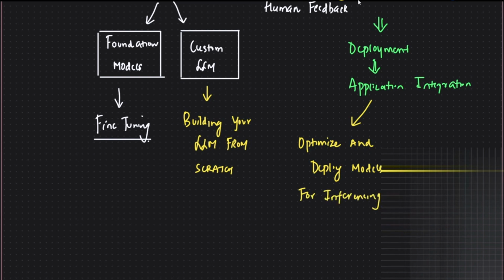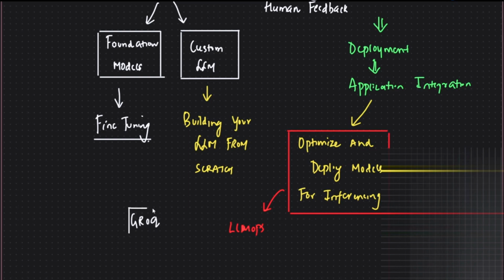This is where most of your cloud platforms use LLM ops. There are different inferencing techniques. One technique I've already covered is a platform called Groq, which uses an inferencing technique called LPU. It is always a good idea to know multiple ways of inferencing.